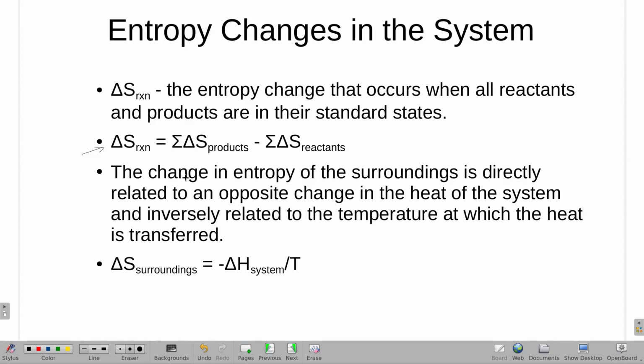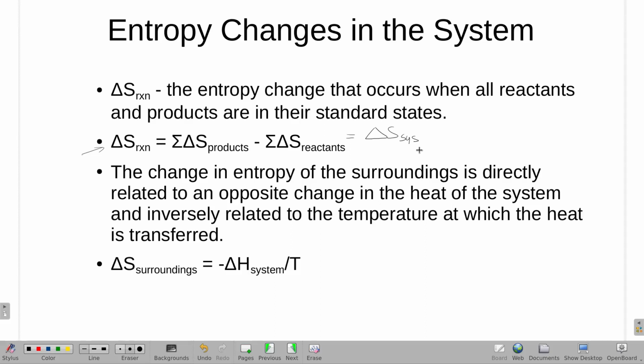Alright, now that's going to give us the delta S of the system, which is the reaction. So I'm also going to put over here delta S of the system. Now, interesting, when a reaction occurs, if there's heat given off, like a delta H, that heat goes out into the surroundings and causes disorder.